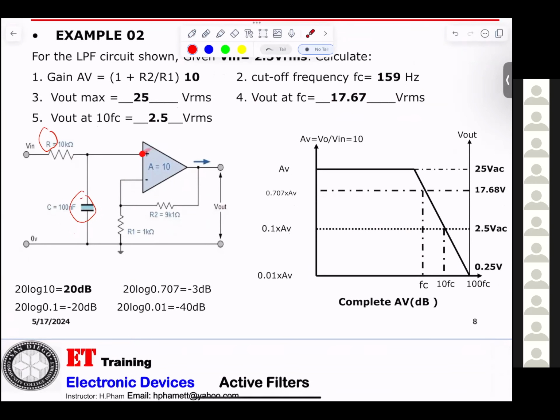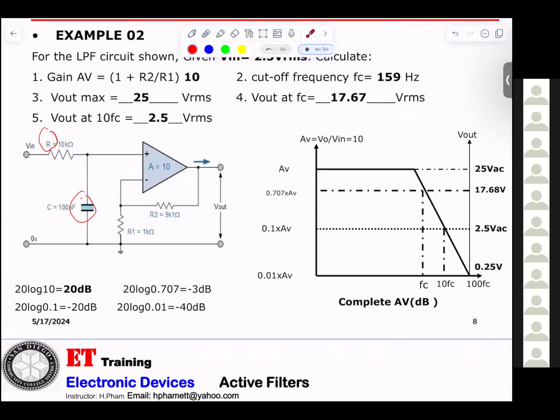Now on this one, what is the name of the amplifier? You have inverting amplifier, non-inverting amplifier, unity gain amplifier.